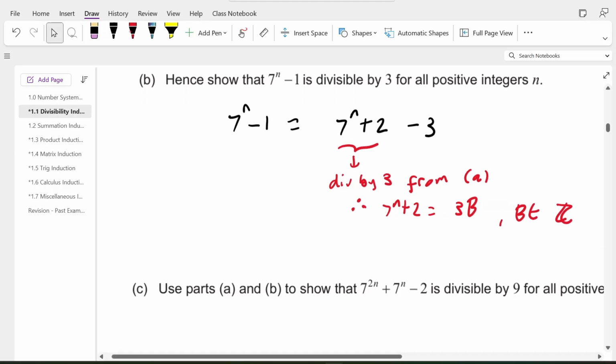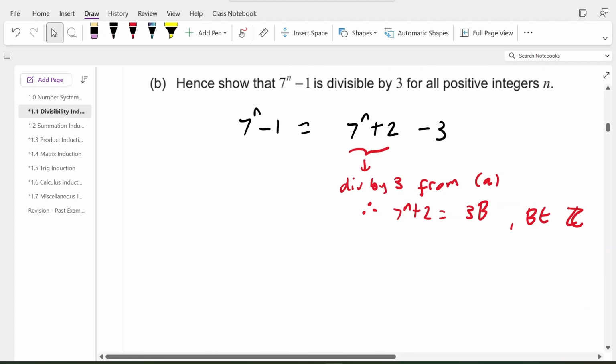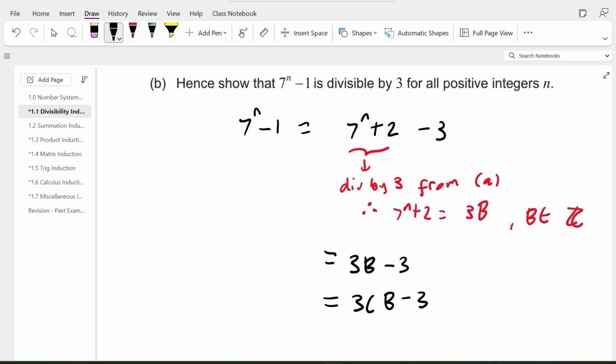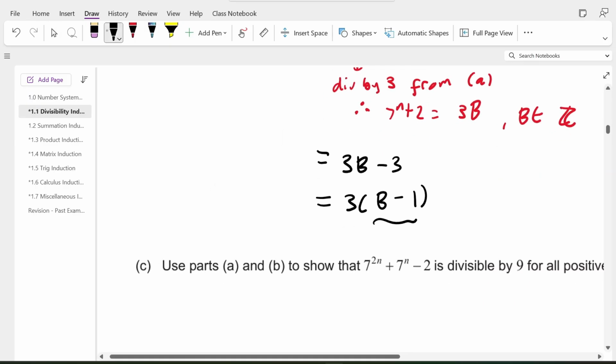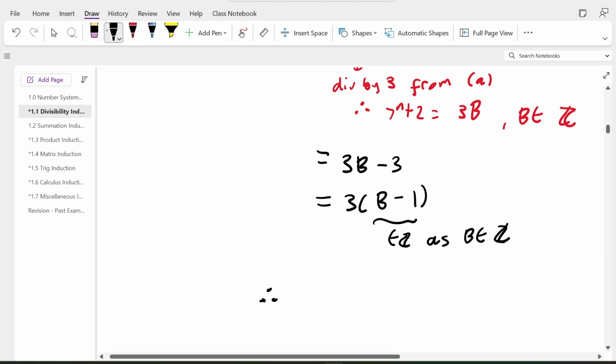All right, beautiful. Okay, so let's have a look here. So we can write this as 3b take 3, and then we can pull out the common factor of 3. And then this thing here is in Z as b is in Z. And then we can just say, therefore, 7 to the n take 1 is divisible by 3.